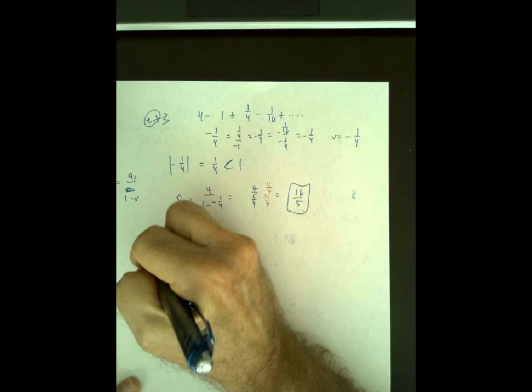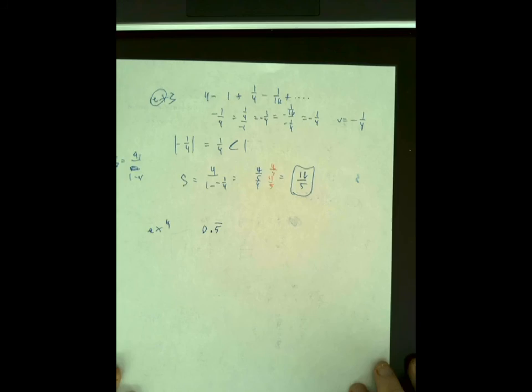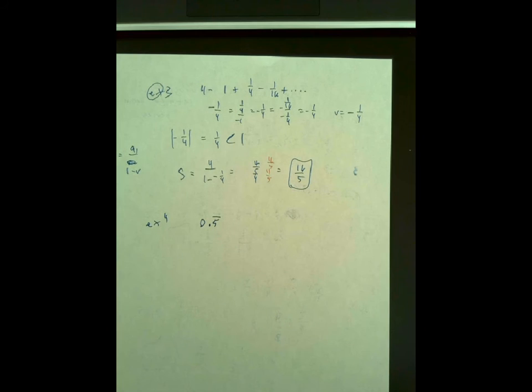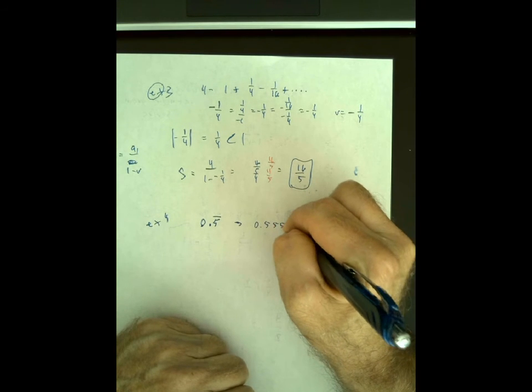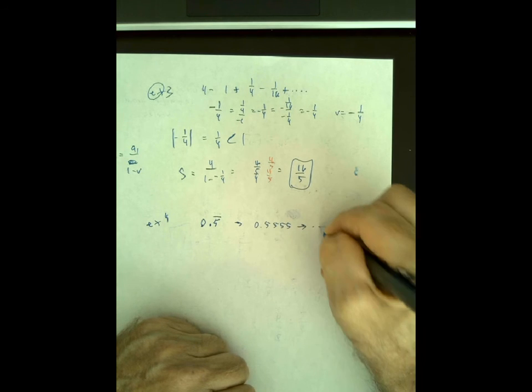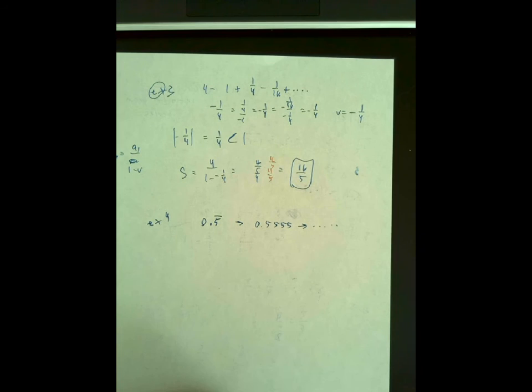And this is going to be example 4. 0.5 bar. And as you know, taught back in arithmetic, that meant 0.5 repeating forever, right? Well, can you see that's actually an infinite geometric series?